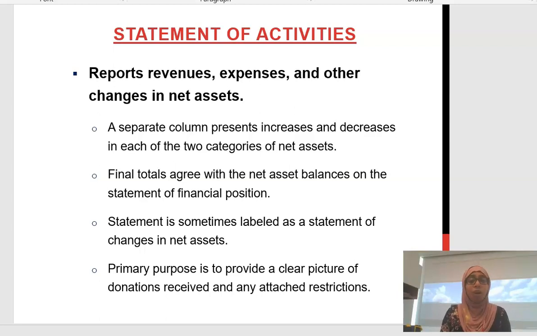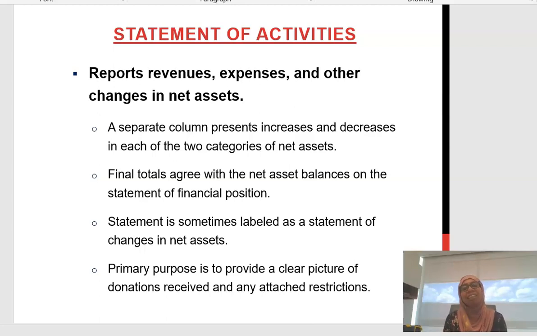Remember, there is no stockholders' equity, and we don't calculate any profit for a not-for-profit organization. Rather, the difference between revenues and expenses will be shown as a change in net assets on this statement. And you will see in this statement there will be two columns, and those columns will show the changes for two types of net assets which you already learned.